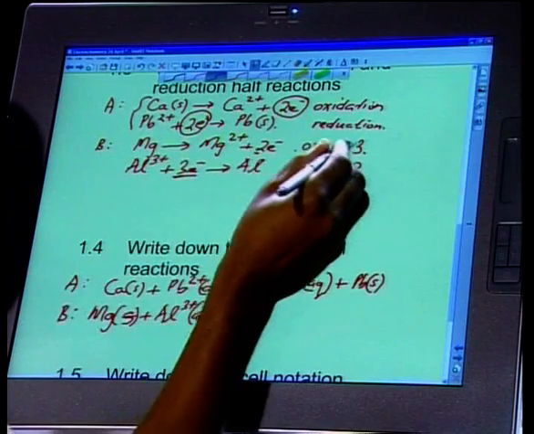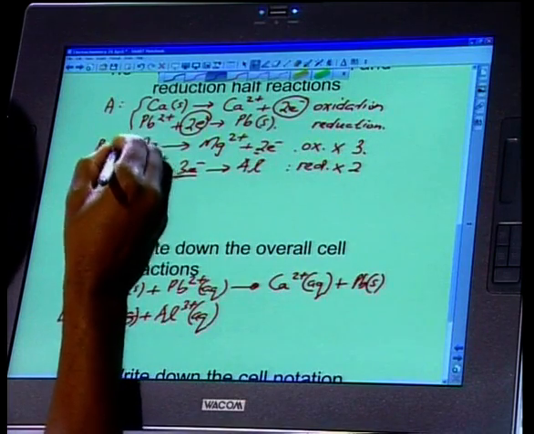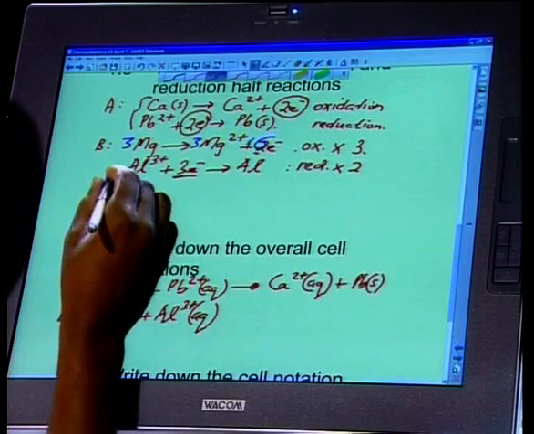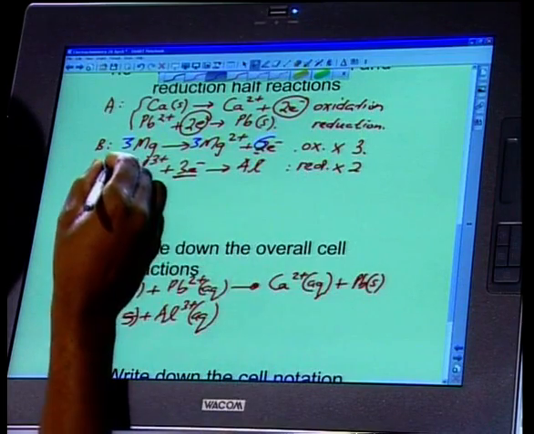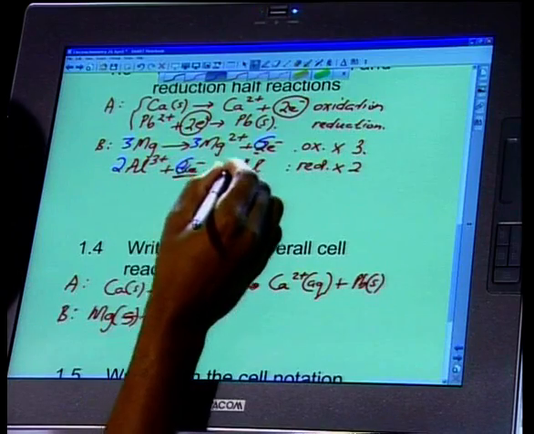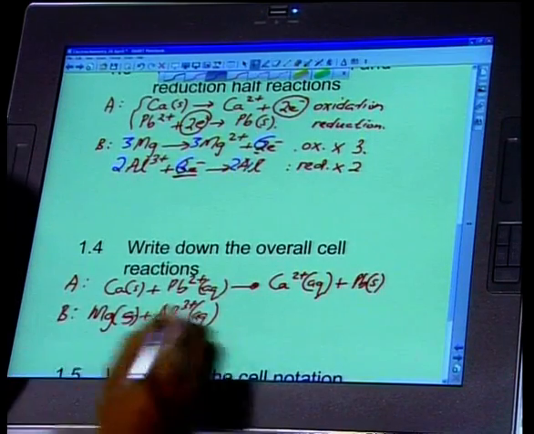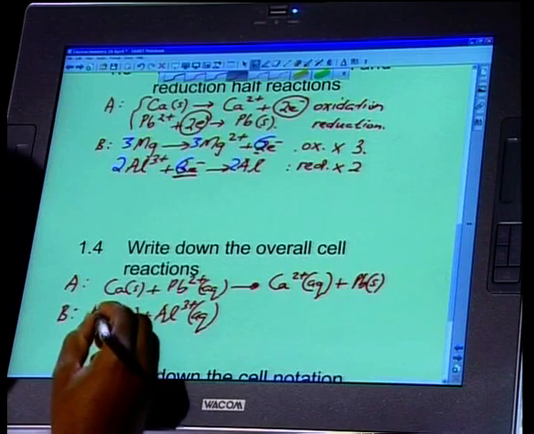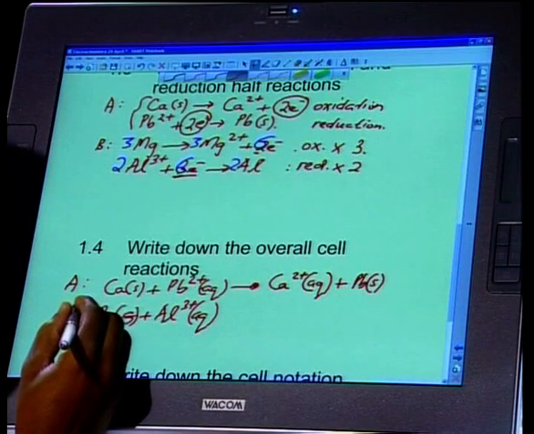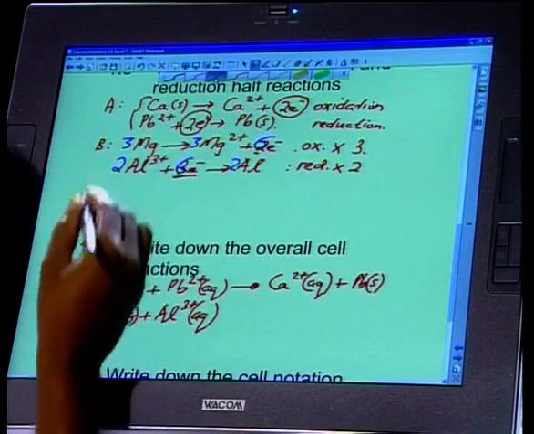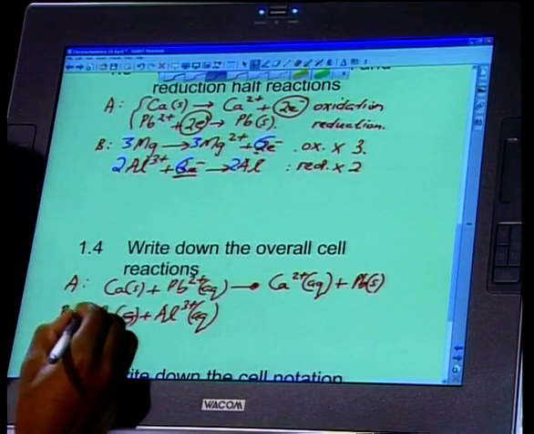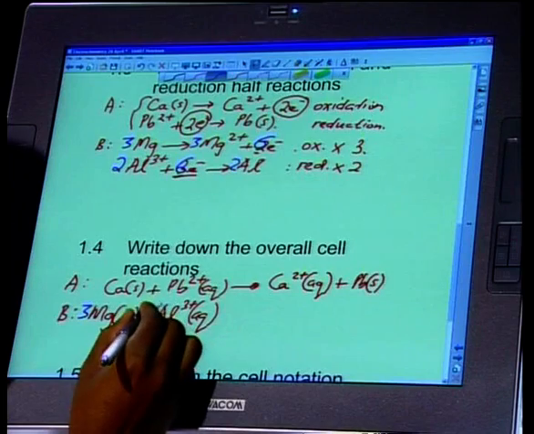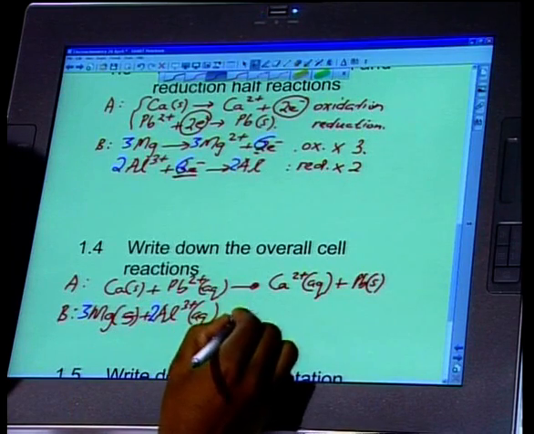So when we multiply the top by 3, we've got 3 there, and that will be 6 electrons. And when we multiply this one by 2, this will be 2, and this will be 6 electrons. So when we write down the final answer here, we will have 3 Mg, magnesium, and then we have 2 aluminium ions.